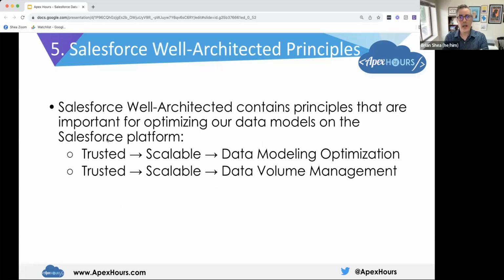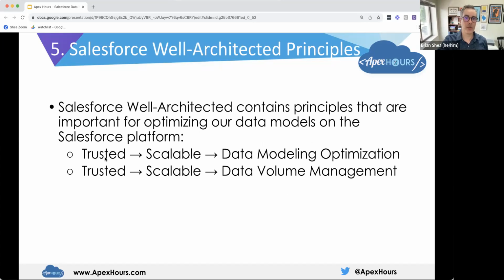And then Salesforce Well Architected has a number of principles that are relevant to data modeling. I talked through some of them in passing, but I will quickly scan through some of them here. There's a couple of pillars within Well Architected that are particularly relevant.